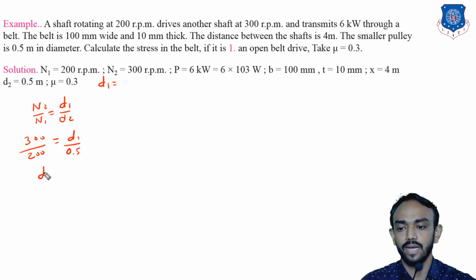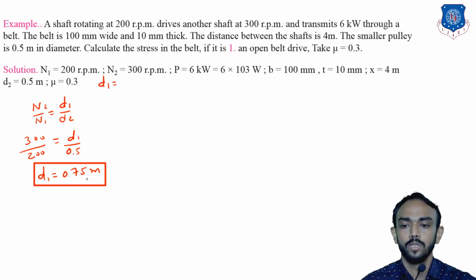You will find the answer here: D1 is equal to 0.75 meter. So you can write here D1 is equal to 0.75 meter.